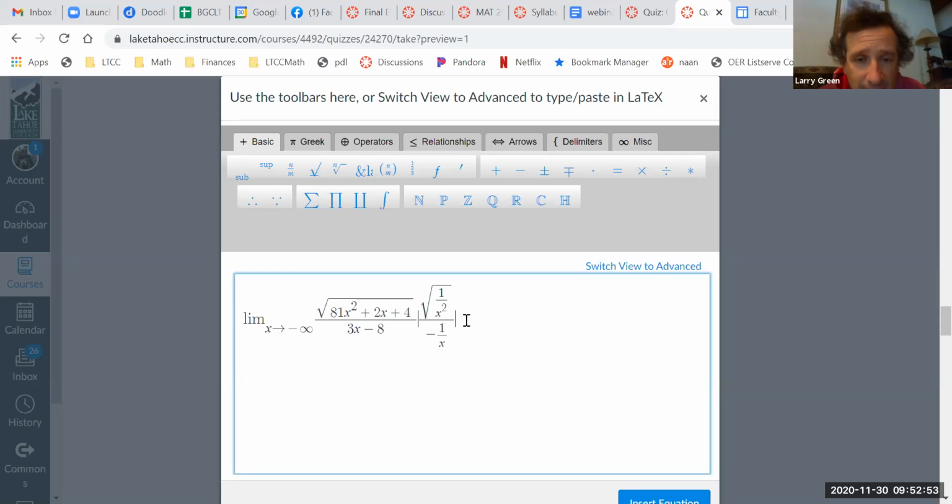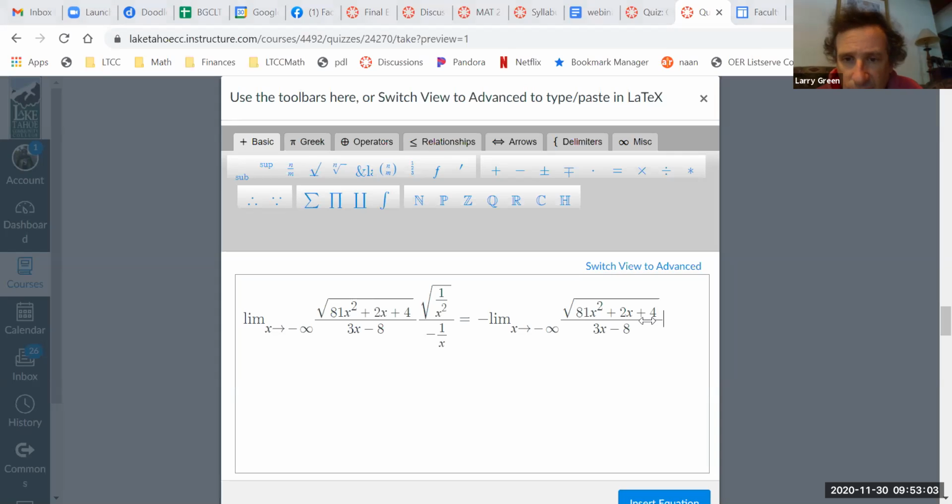Okay, then we go ahead and work that out. I'm going to just pull the negative outside, it's just easier. And we're going to divide by x squared, so the x squared goes away. You get 81, then plus 2 over x, and then plus 4 over x squared.